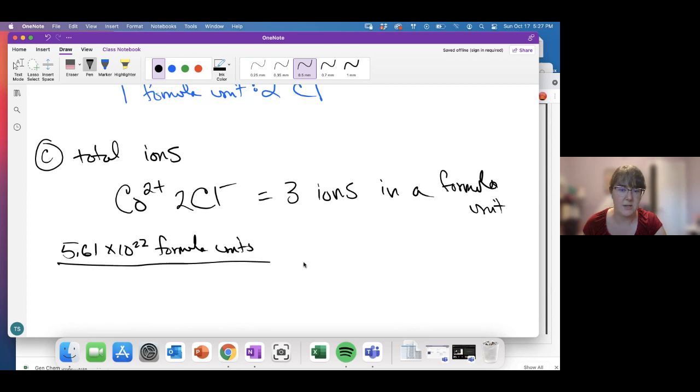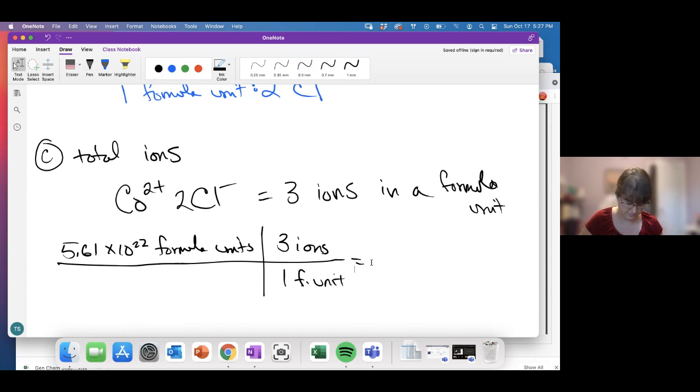And say for every 1 formula unit, I actually have 3 ions. 1 cobalt, 2 chlorines. So again, I'm trying to think through different ways we could ask you questions that are relatively similar to each other, but then make what looks like a completely different question.